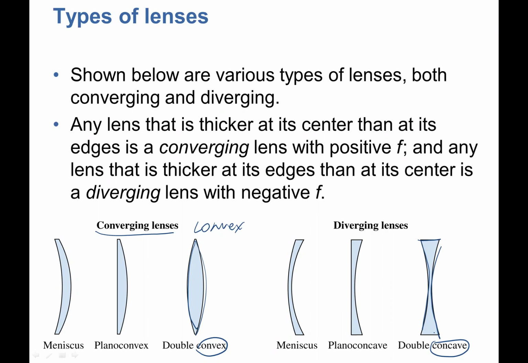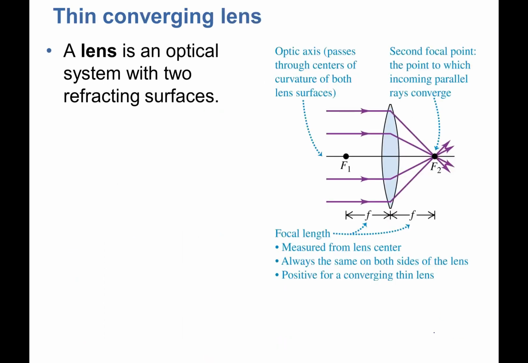When you're considering a lens, you can see those light rays, 1, 2, 3, 4, coming from an object that is in air. The light then goes through this lens, which is a different material, but we assume that as the light goes through the lens, it always comes out into the air again.